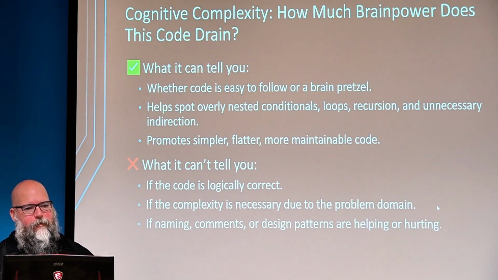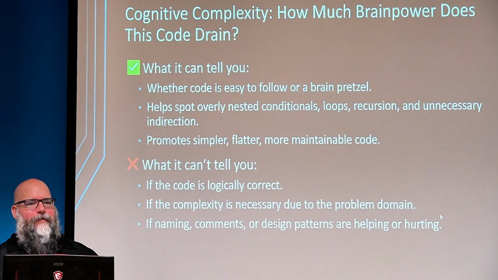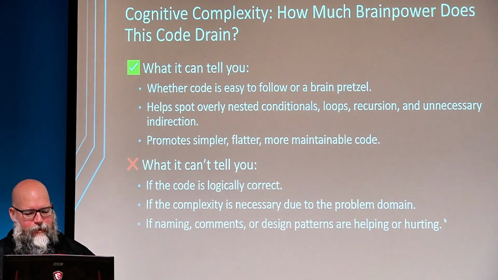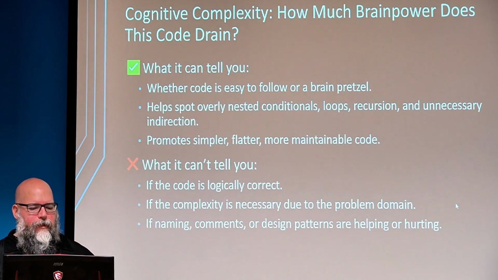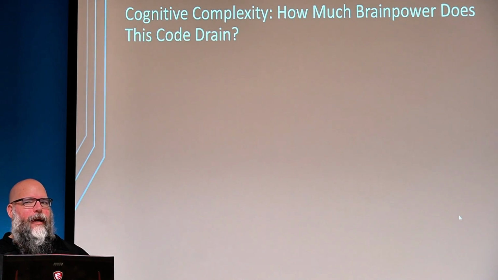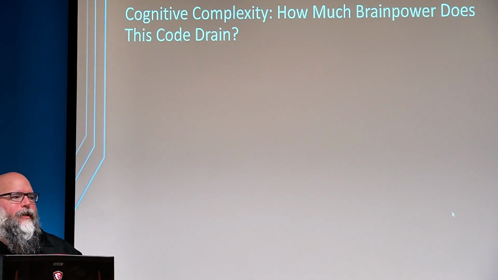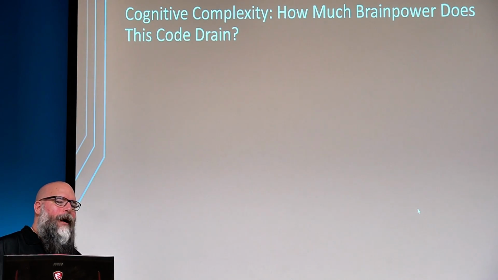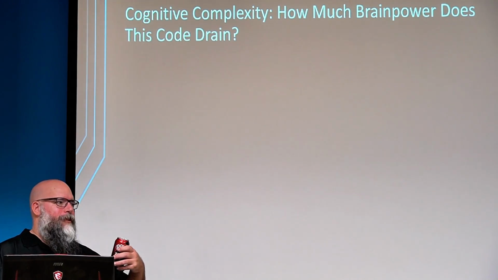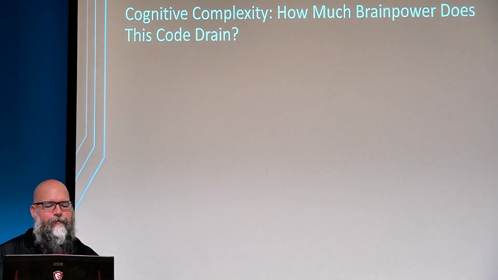And it's not going to tell you whether your variable named A is a good name or a bad name. It just knows, hey, there's a variable A. It doesn't say anything about comments or even design patterns. Although I'd argue refactoring to design patterns can make things easier to understand, because design patterns give us a common language that describes functionality in code, right?